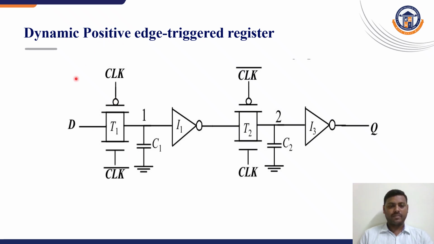At the time when the clock is 0, the second phase, that is the slave circuit, is in the hold state, because there is no signal given to the slave circuit to propagate the data from the master. As long as the clock is 0, capacitance 1 holds the value of the junction capacitance and leakage capacitance of T1 and the gate capacitance of I1.